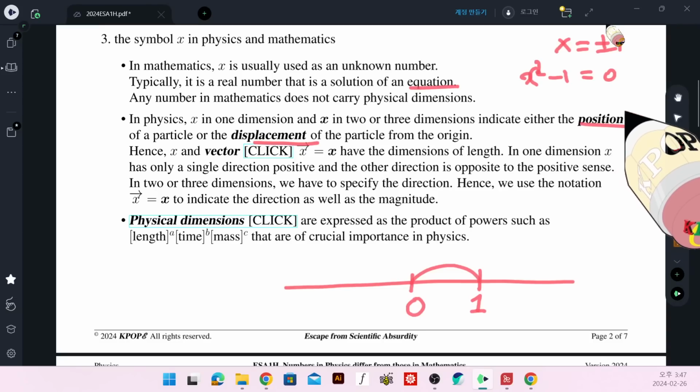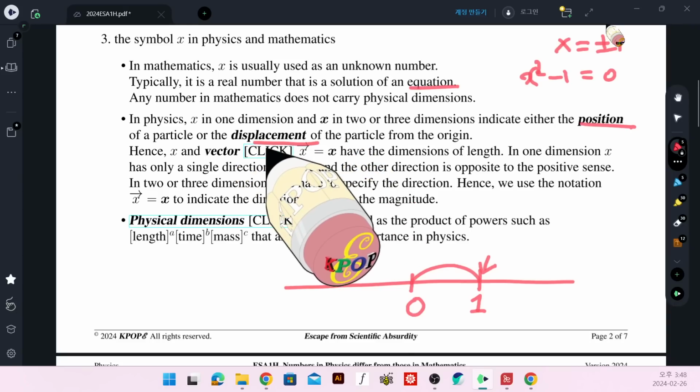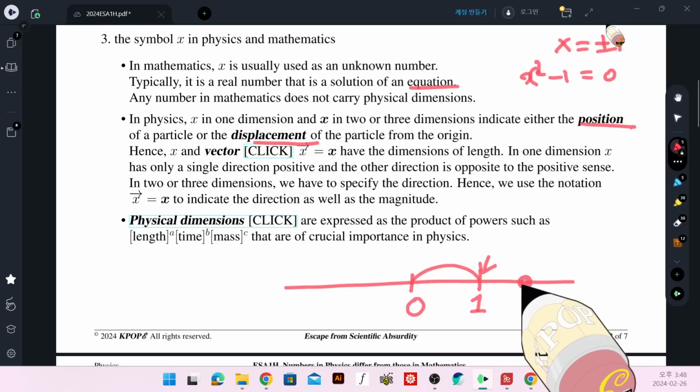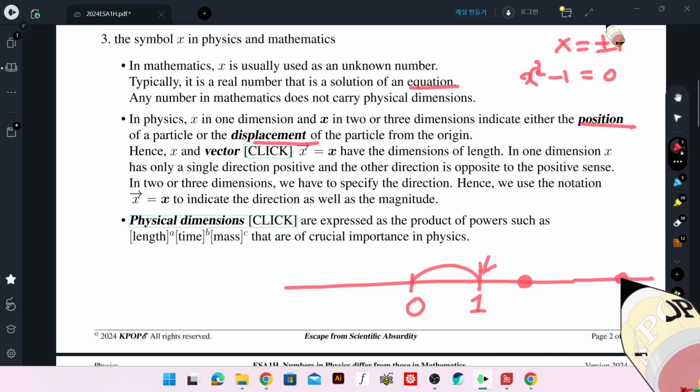While position stands for a single point on a straight line, if we consider a point in a one-dimensional Euclidean space, the displacement stands for the difference of the position. You need to find the starting point and your destination.